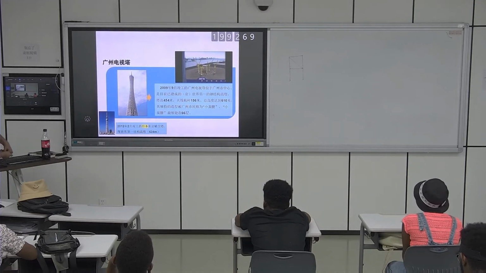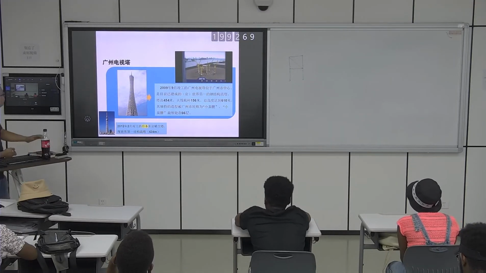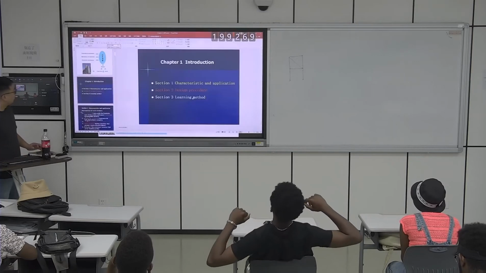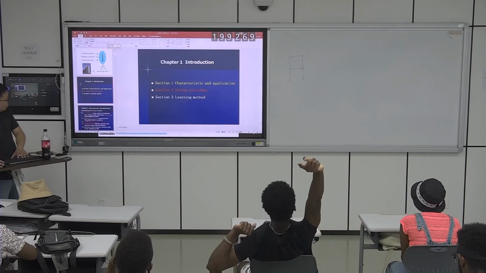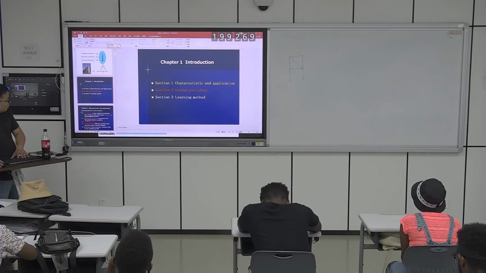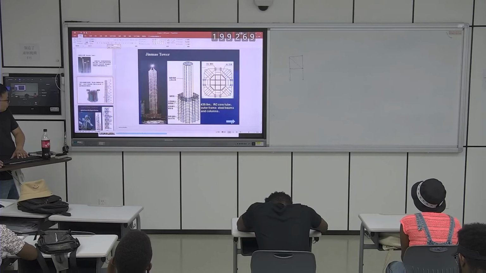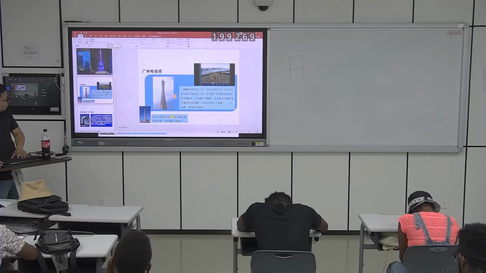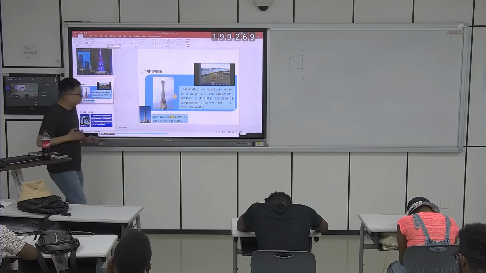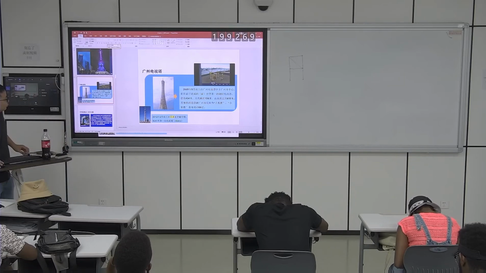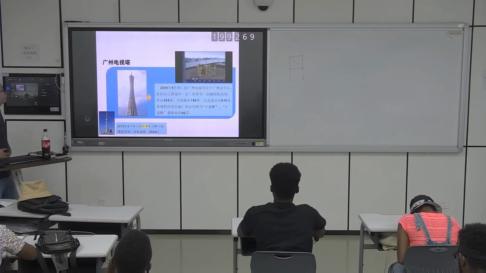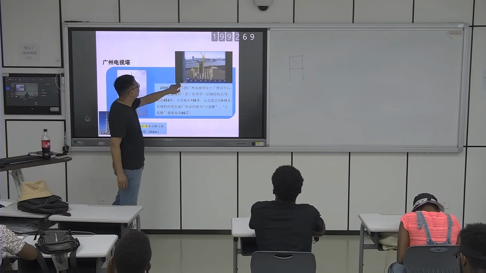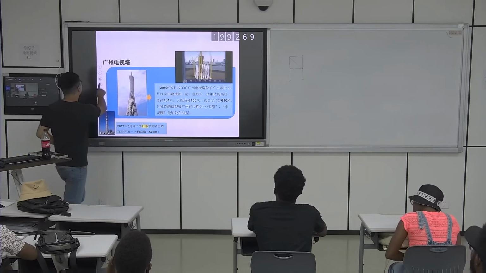Okay, this is Guangzhou. That is good. Guangzhou Tower, you can see it in 2007 when beginning to build it.